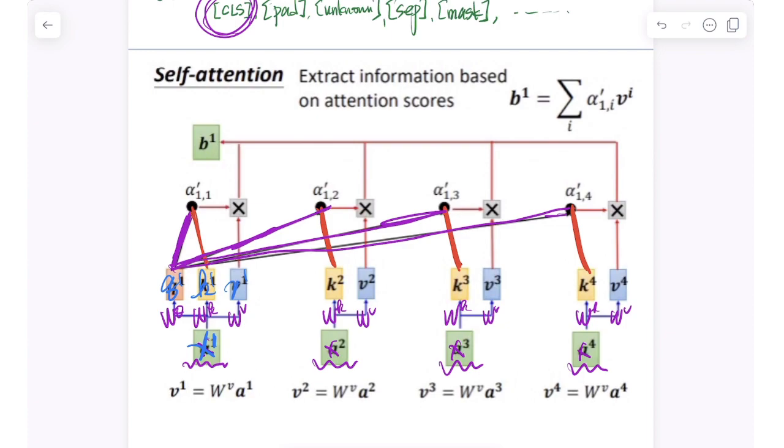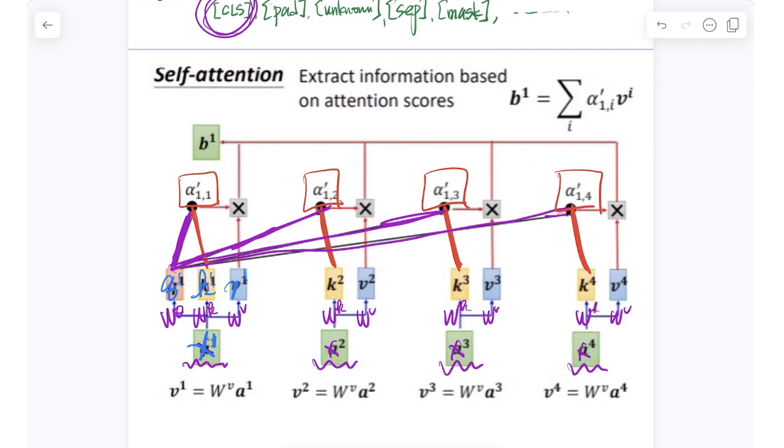By taking their product, we obtain the alpha values. The alpha value calculates something like a similarity.